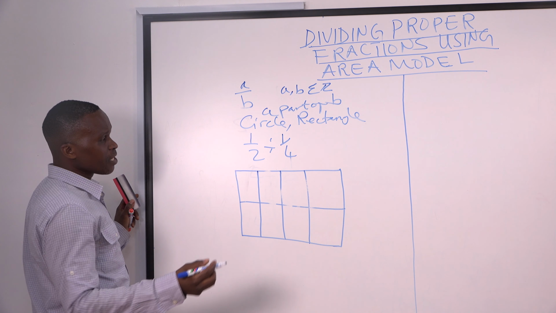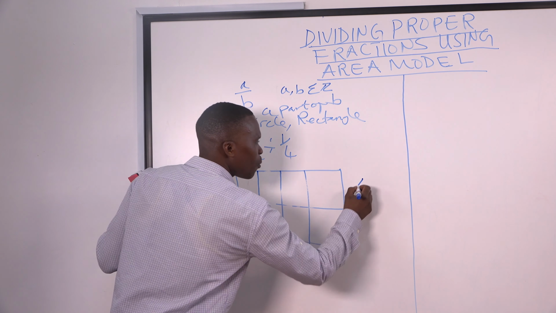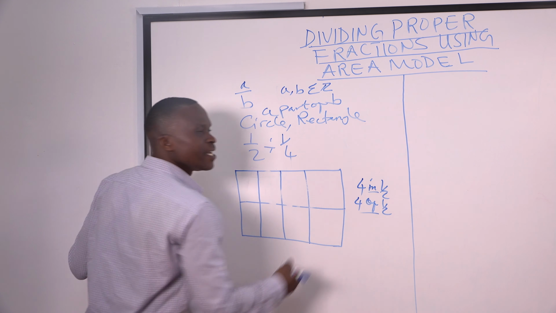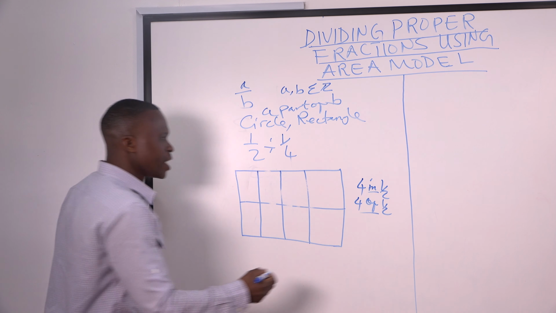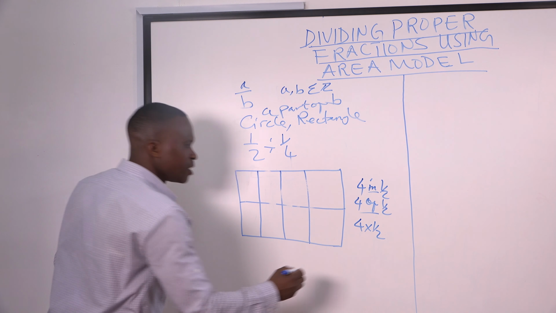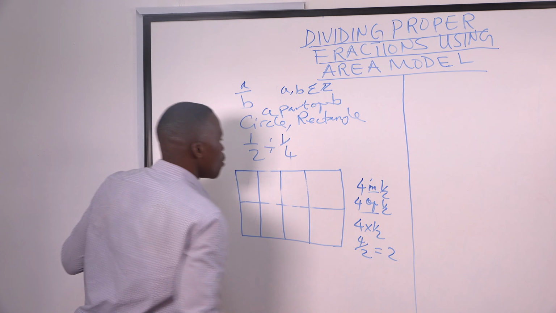So the meaning here is that we have 4 parts in a half, or we have 4 parts of a half. In mathematics, of and in mean multiply. So we have 4 times a half, which means you have 4 divided by 2, which is equal to 2.